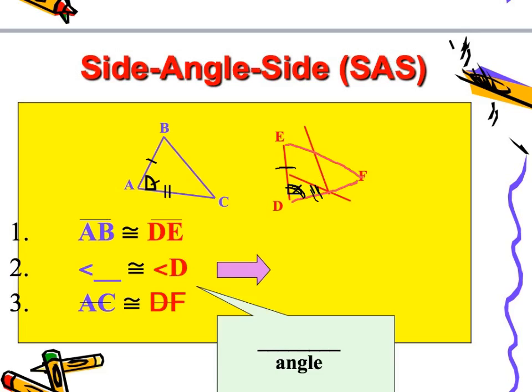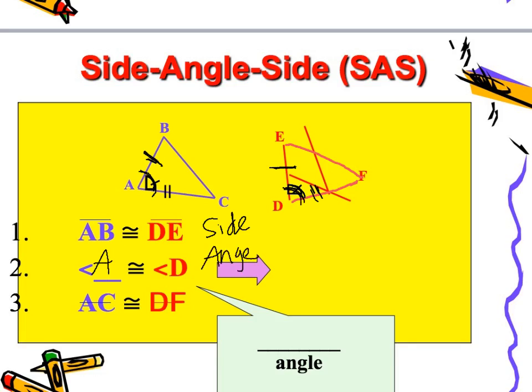The second one is called side angle side. Side angle side means that you would have 2 sides marked, and an angle in between them. Sorry, the triangle's kind of screwed up on the right here, but if we look, AB is marked with 1 slash and DE with 1 slash, so that's your side. Then you have angle A marked with 1 swoop and D marked with 1 swoop. So that's your angle.